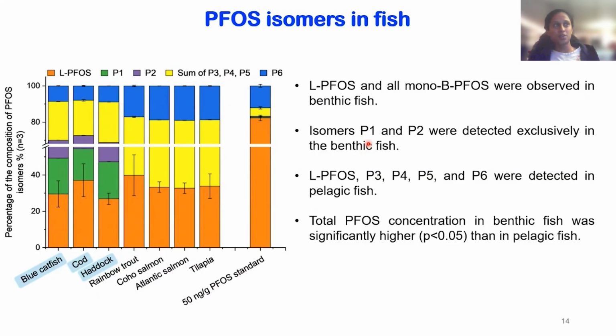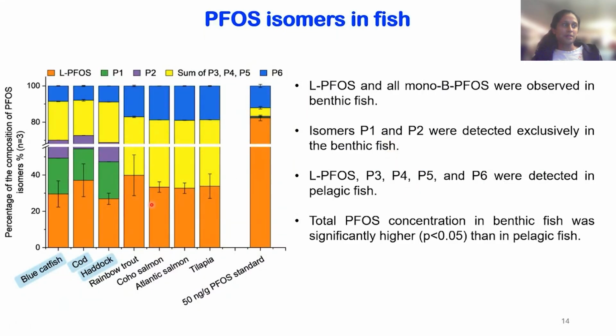we saw PFOS isomers in fish. All mono-substituted branched PFOS were observed in benthic fish. As I said, PFOS likes to attach and bioaccumulate in sediment, so then benthic fish go feeding on it. So this kind of proves our hypothesis, and also what literature has found, that they have more exposure to PFOS.